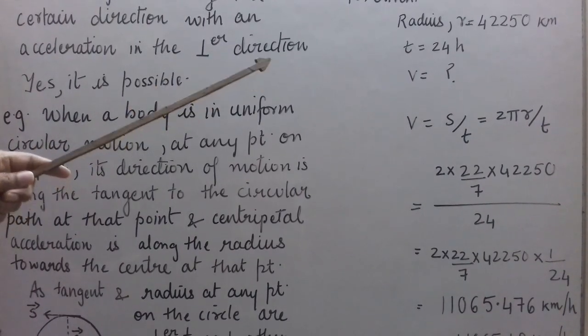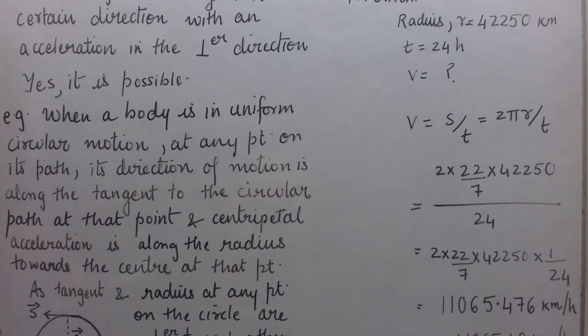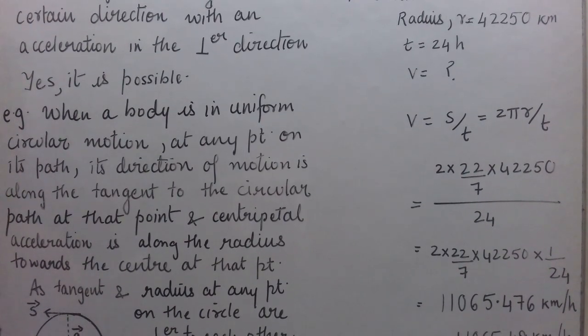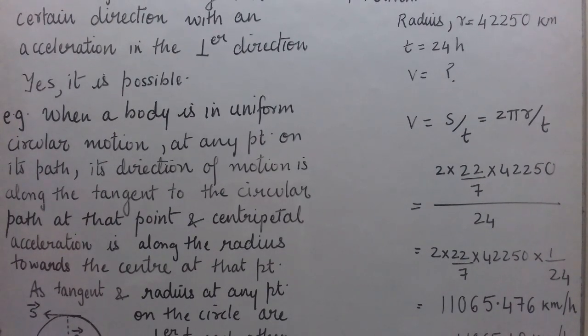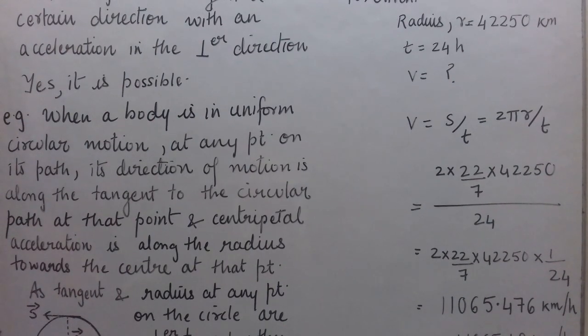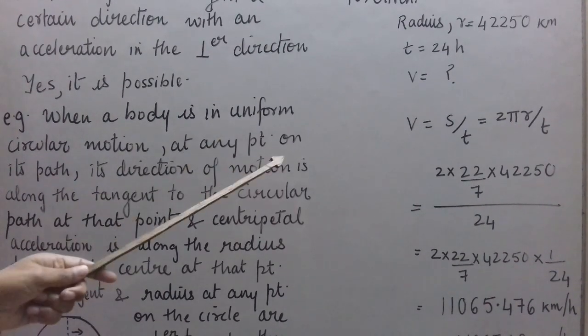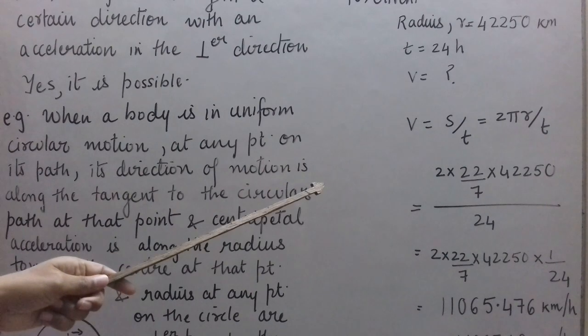time is 24 hours. Now students, remember here, although they have not mentioned, we should know that it is a case of uniform circular motion. And hence they have asked us to find out the speed. So we shall assume that speed is constant for the satellite. Now we know the formula for speed is distance upon time.